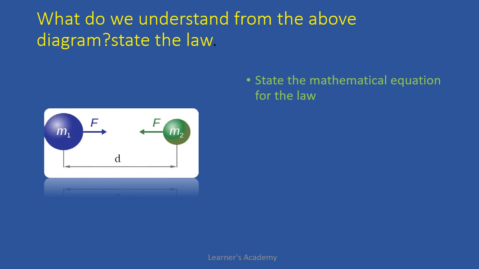above diagram. So, you will say from the given diagram we understand Newton's law of gravitation, and now you have to state the law. So, you will say gravitational force between two bodies in the universe is directly proportional to the product of the masses, and is inversely proportional to the square of the distance between them.